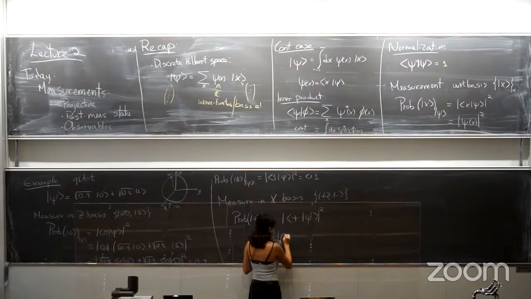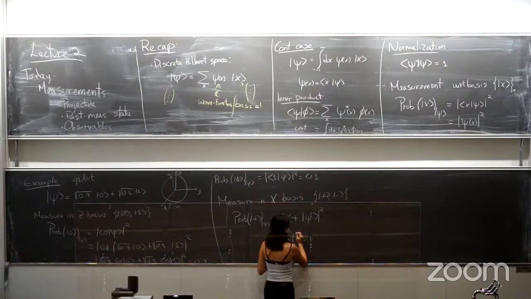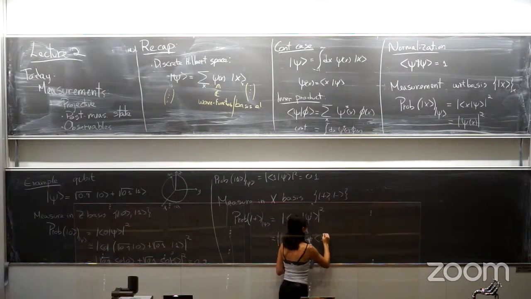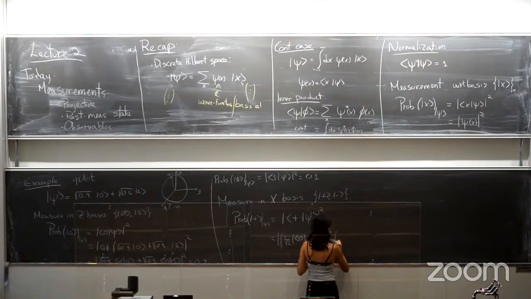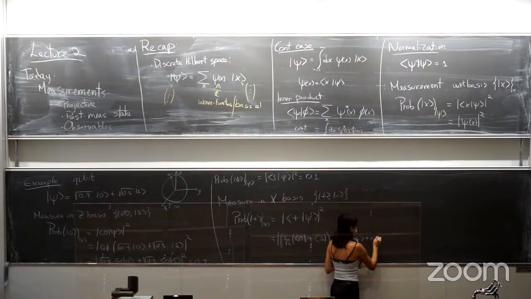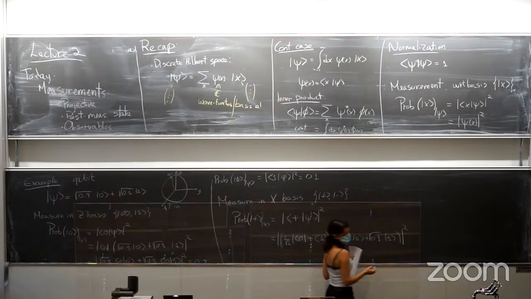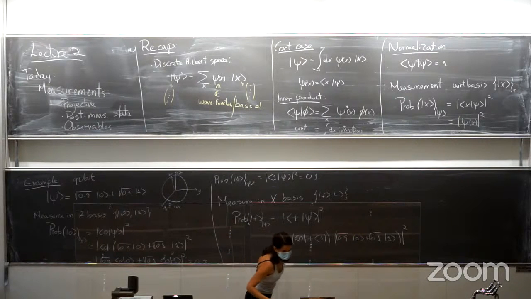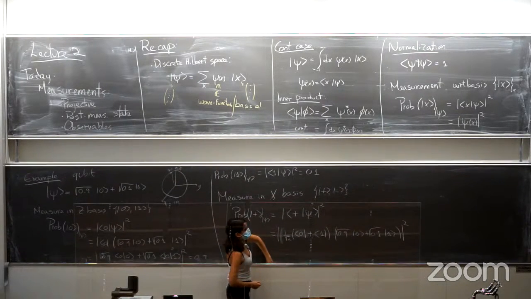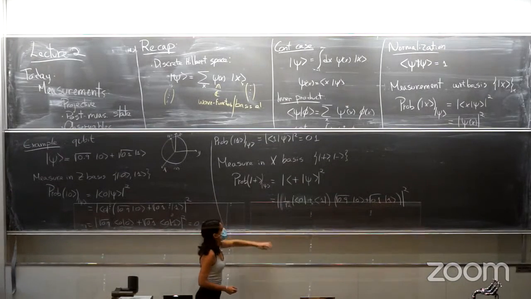So this is 1 over square root of 2. Let me put this outside the bracket. These are bras, not cats. <0| plus <1|. And now square root of 0.9 |0> plus square root of 0.1 |1>. What does this give us?